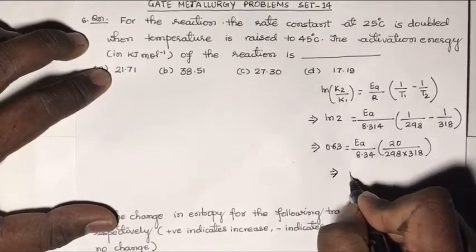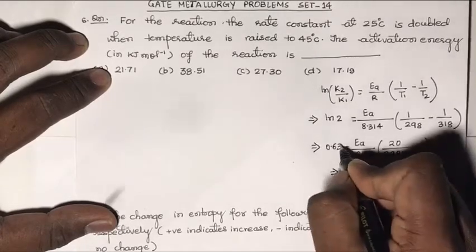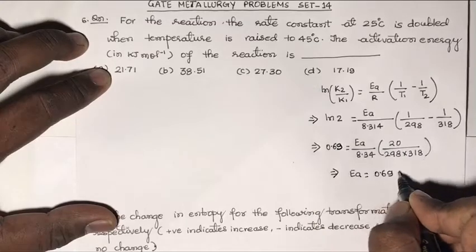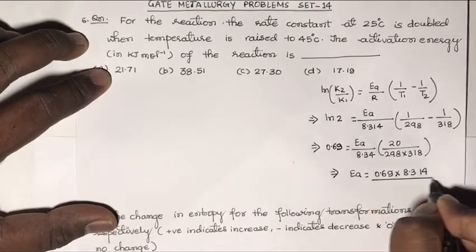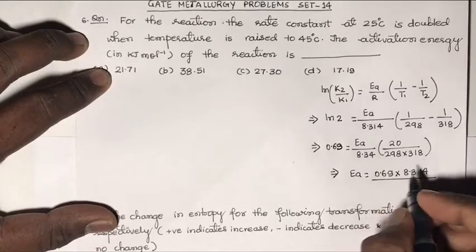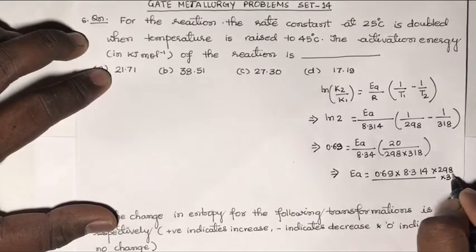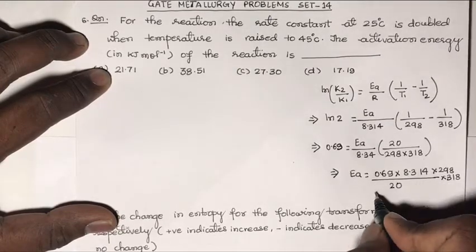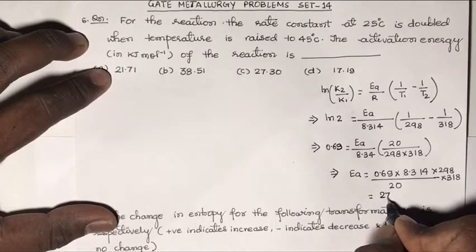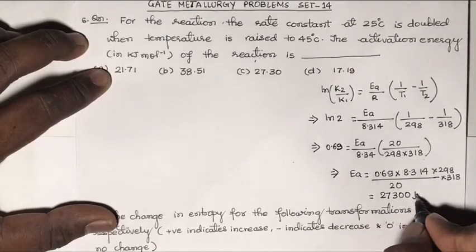And the value will be equal to this one, 0.693 into 8.314 into 298 into 318 divided by 20, and this value will be equal to 27300 joule.